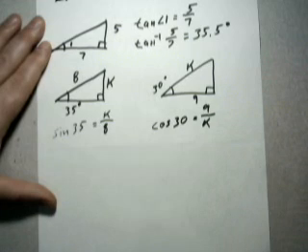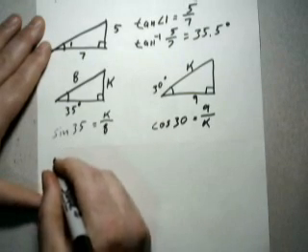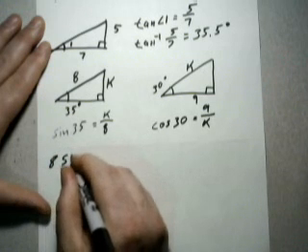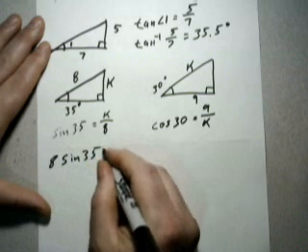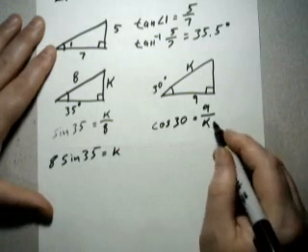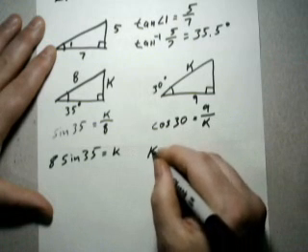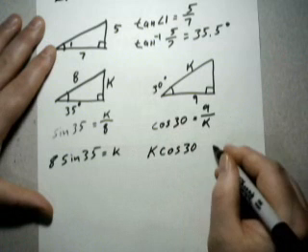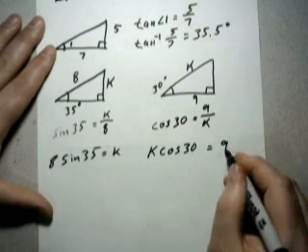So algebraically solving this for K, I multiply the 8 out. So I've got 8 times the sine of 35 is equal to K. And over here, I have to first multiply the K out. So K times the cosine of 30 equals 9.